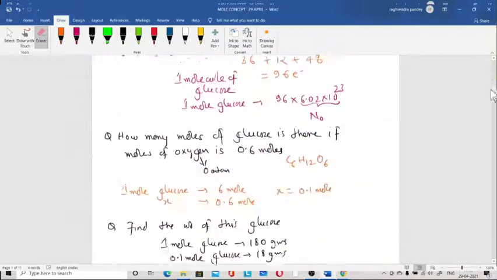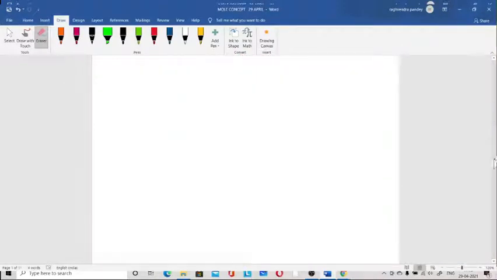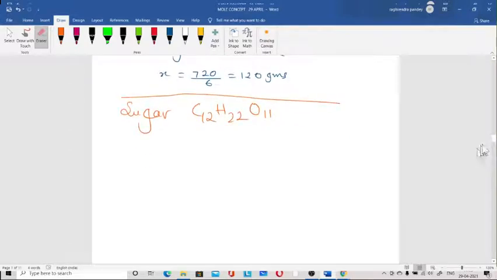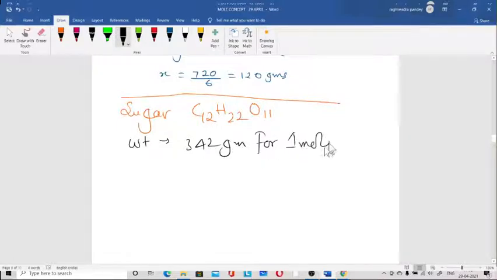Now let's take the sugar. Each molecule of sugar, you can calculate the weight. The weight will be 342 grams for 1 mole of sugar.